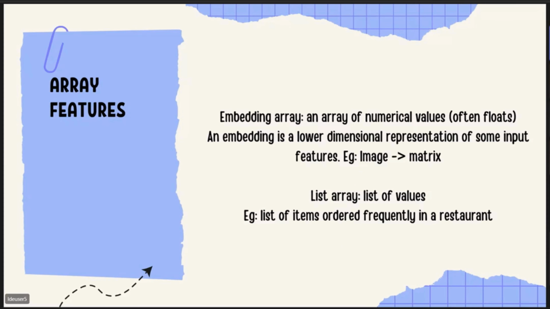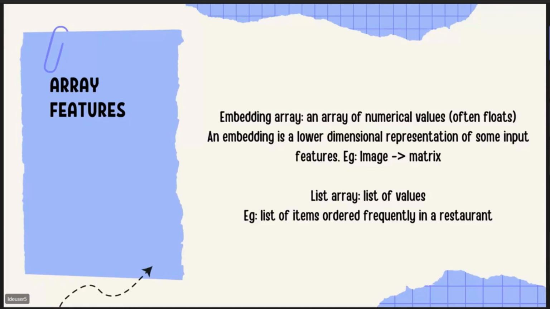And array features. So we learned about embedding arrays. An embedding array is an array of different numerical values, often floats. Float means floating point numbers, that is, decimal numbers. So if an array comes with decimal numbers, then it is an embedding array.